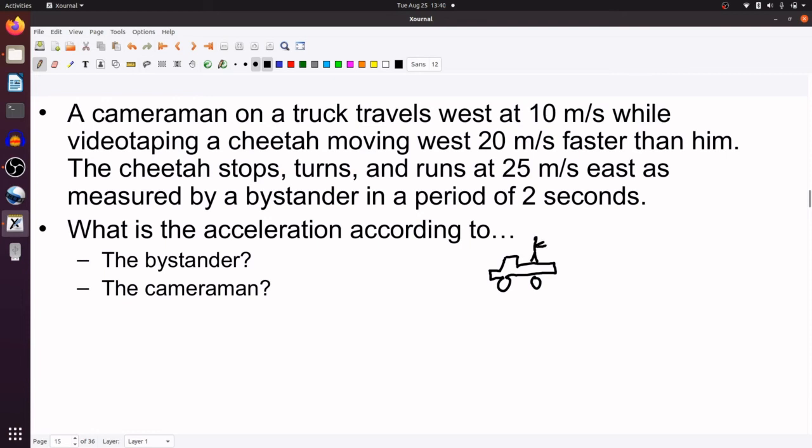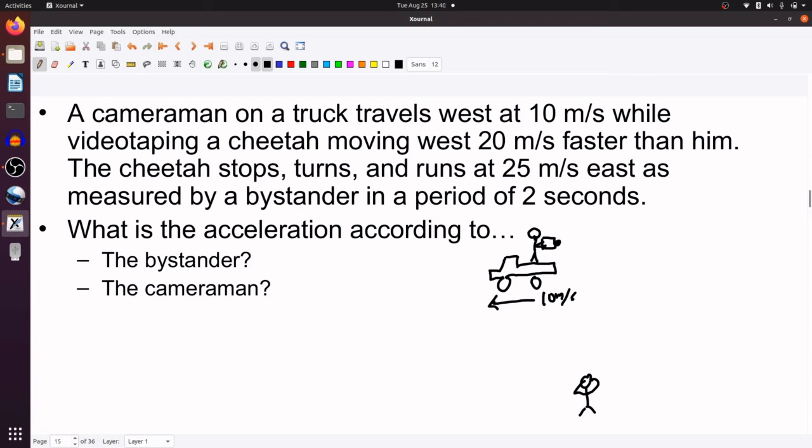And I need a cameraman. I don't know what a camera looks like. Close enough. Okay. We know that the truck is traveling west at 10 meters a second. And also, I need to draw my bystander. And he's like, oh, what the crap is going on here? I don't understand.